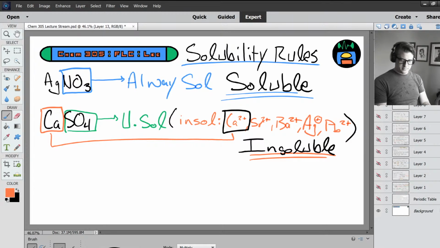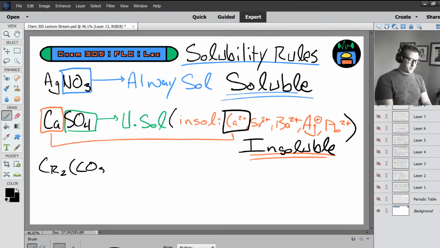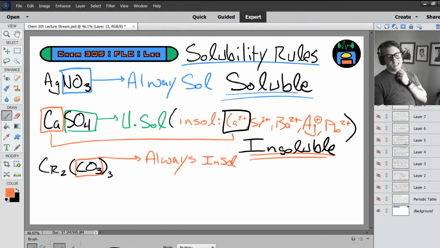Here, let's do another one. Let's do a terrifying one. Cr2(CO3)3. Oh, let's clarify that: CO3 close parentheses 3. All right. Now, carbonate is on the always insoluble list.